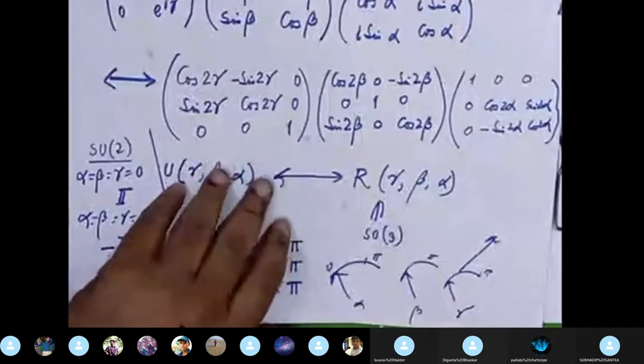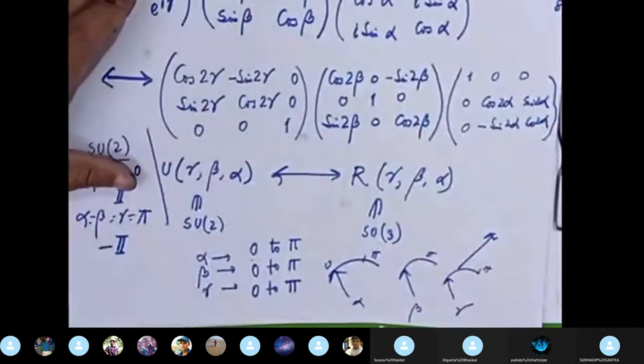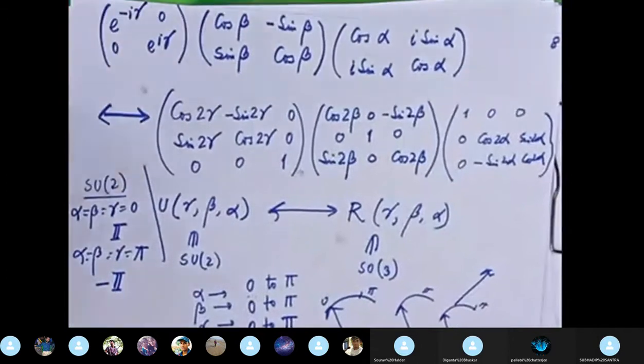So what does that mean? Does that mean corresponding to every element of SU2 there are how many elements of SO3?